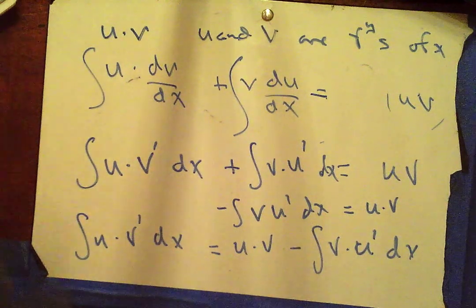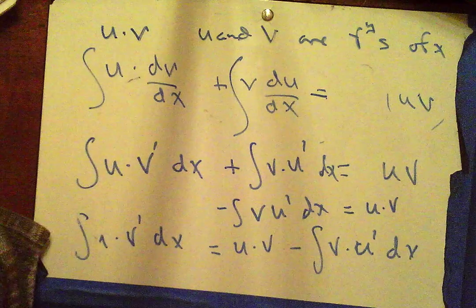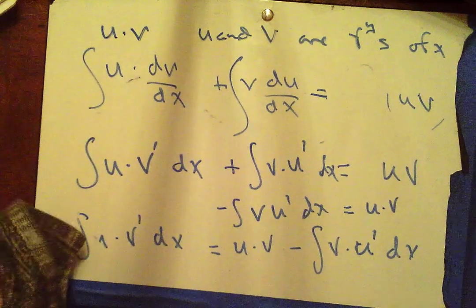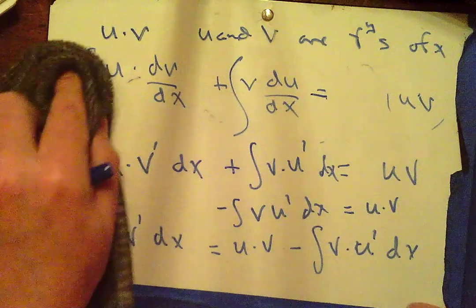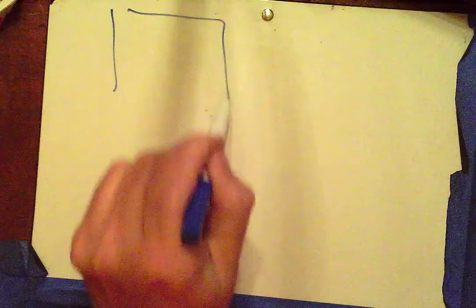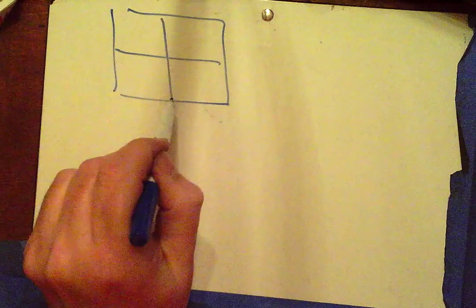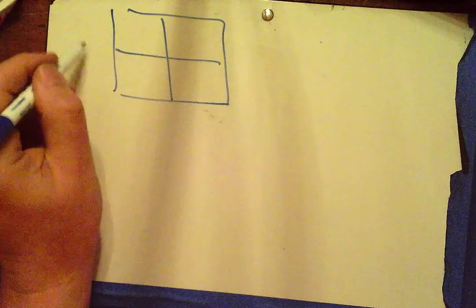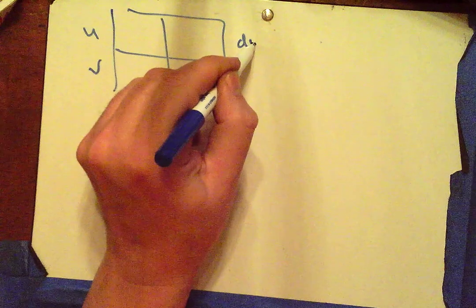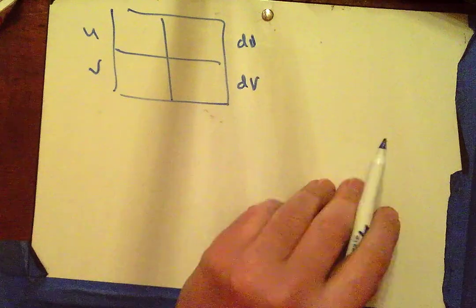I actually want to show you something here. I want to see this in a different way, and my different way is going to come in the form of a graphic organizer. My graphic organizer is going to be u, v, du, and dv.